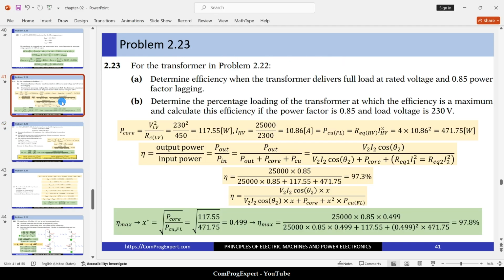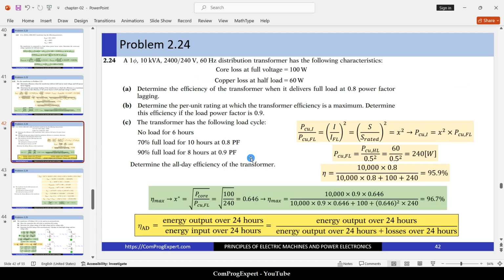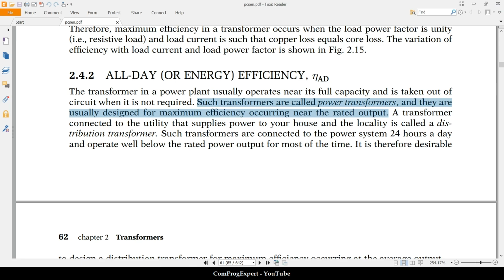What is the transformer for this problem? Distribution transformer. What is a distribution transformer? A transformer connected to the utility that supplies power to your house and the locality is called a distribution transformer.